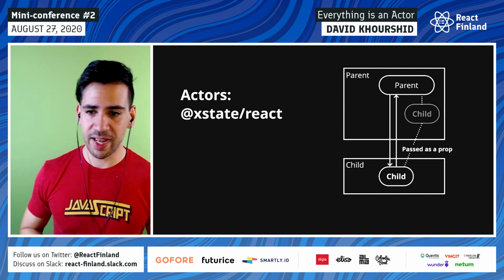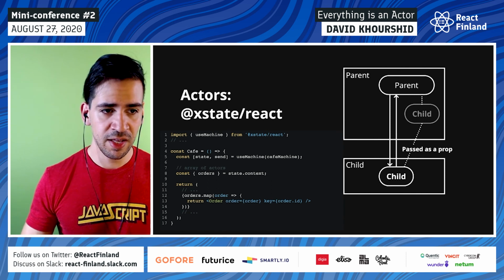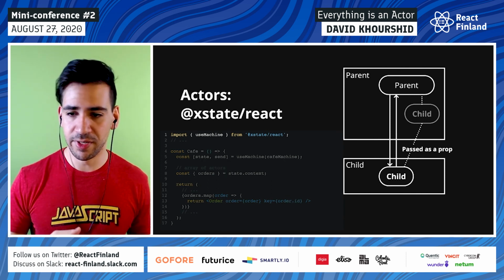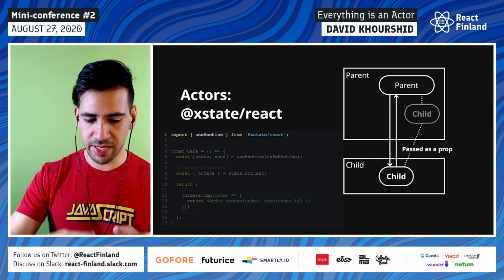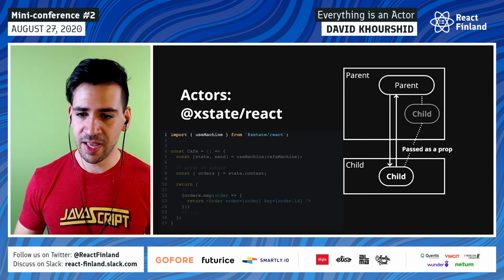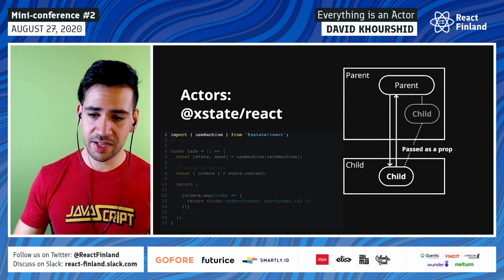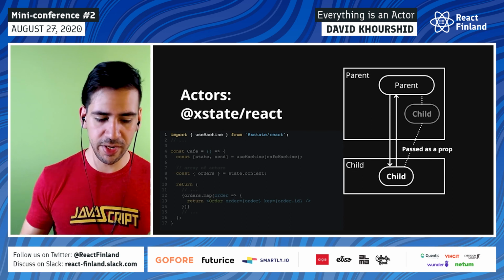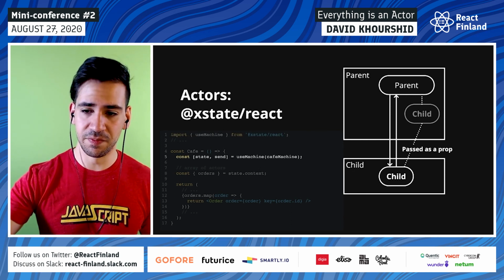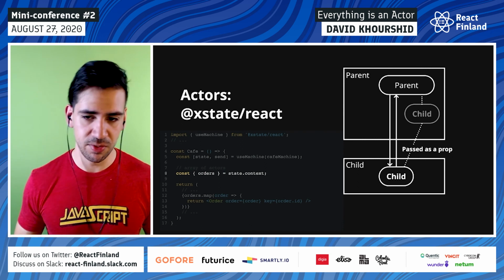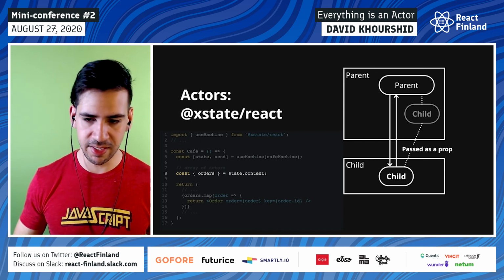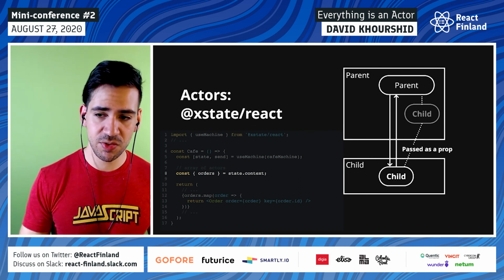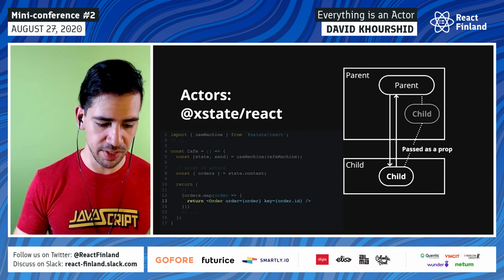In XState React, there's this useMachine hook that is used to actually create that actor from that machine. In that machine, we could create child actors, and those might live in an array of actors that in this case we call state.context.orders. We could pass each of those order actors to the order component.